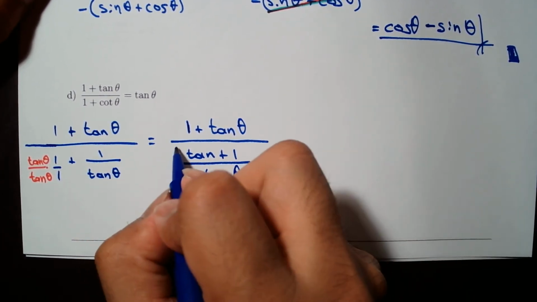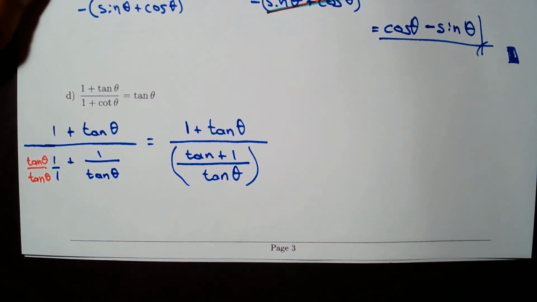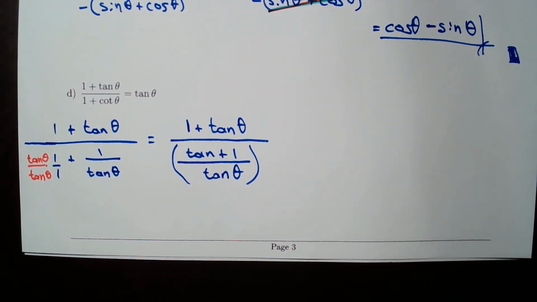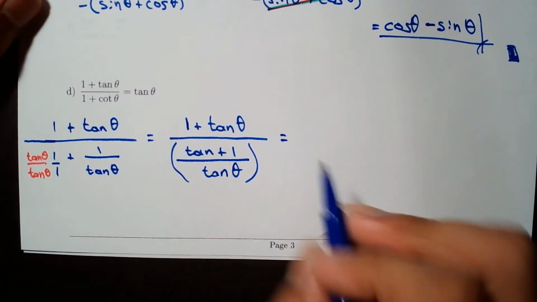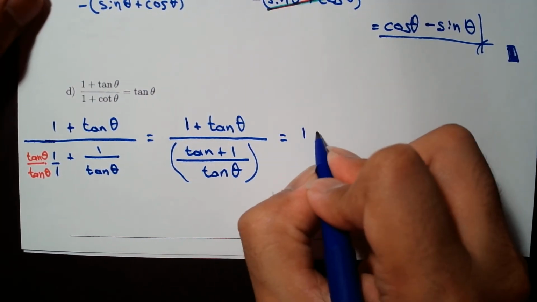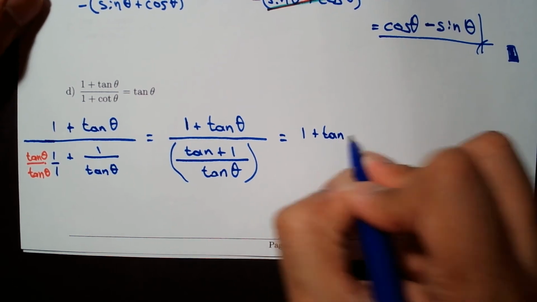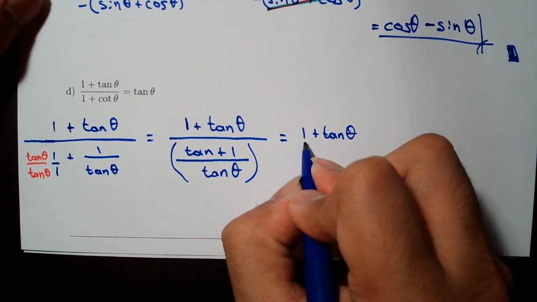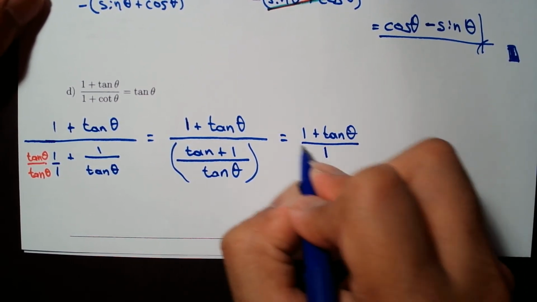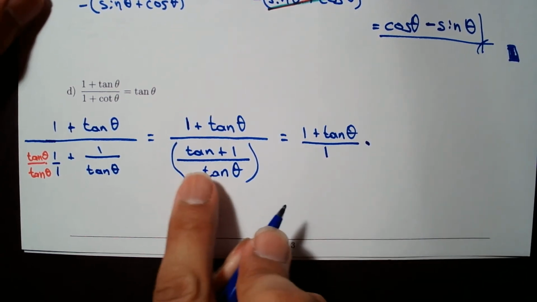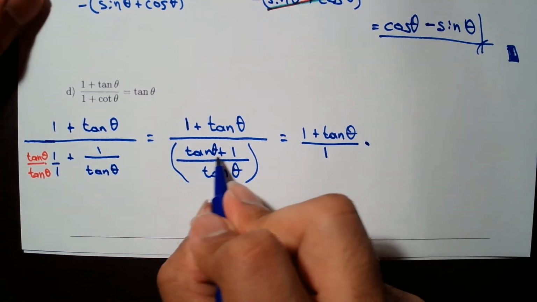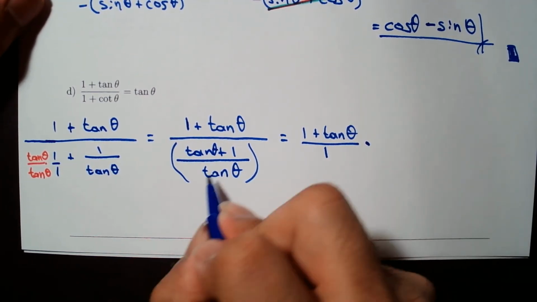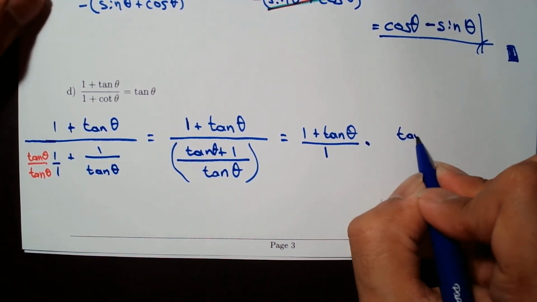This is the fraction that lies in the divisor. Dividing by a fraction is the same as multiplying by the reciprocal, in this case 1 plus tangent theta over 1 times, well, tangent theta plus 1 is the same as 1 plus tangent, isn't it?